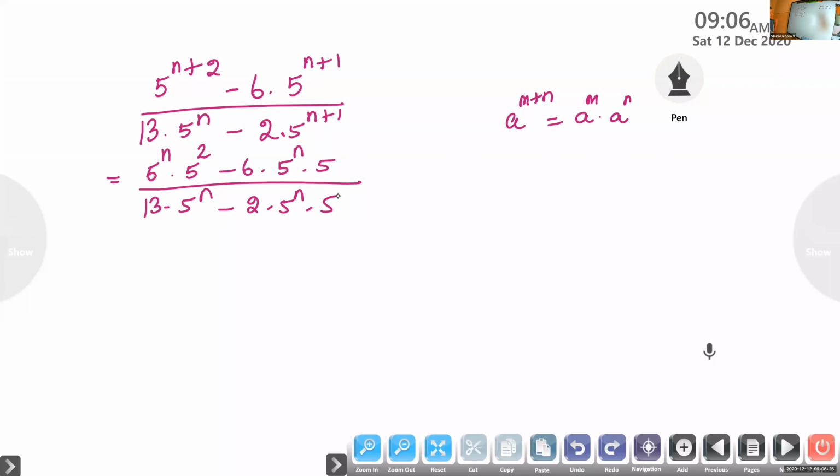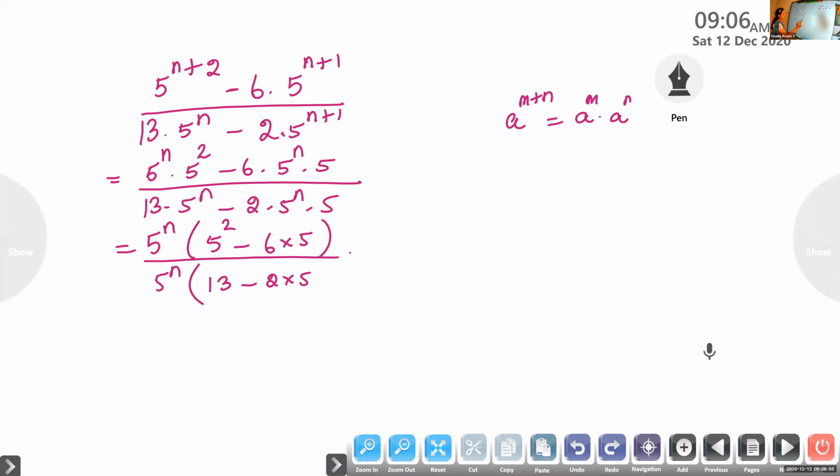From the numerator and denominator, can you take something as common? Yes, we can take 5 raised to n as common. So we get 5 square minus 6 into 5, by 13 minus 2 into 5. Simplify and find out the answer.